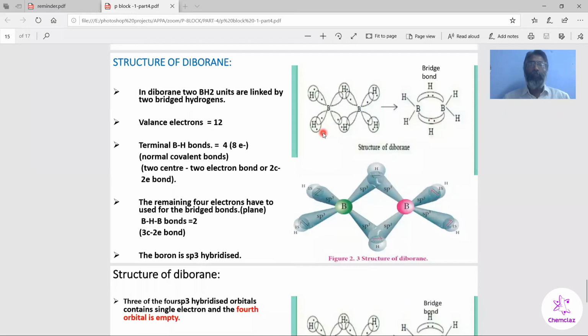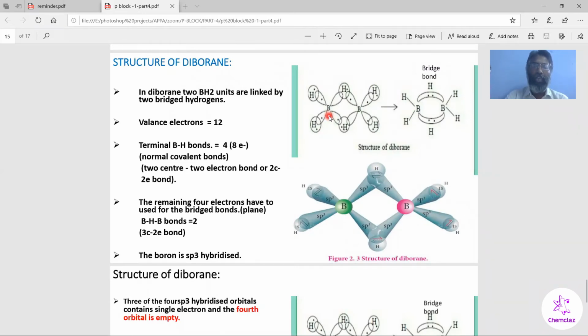In methane, carbon undergoes hybridization: 1 s orbital and 3 p orbitals mix together to give sp3 hybridized orbitals, having 4 equivalent orbitals with 1 electron each. Here boron also has the same hybridization, but the concept is somewhat different. Boron's 1 s orbital and 3 p orbitals mix to form 4 equivalent hybridized orbitals with 3 electrons.